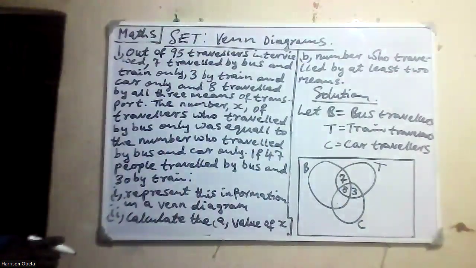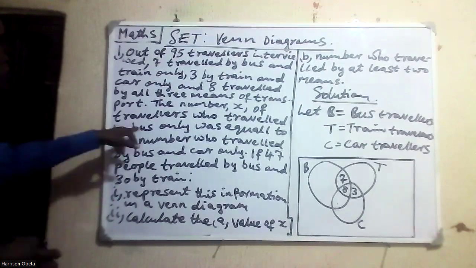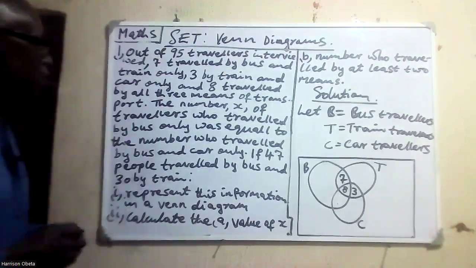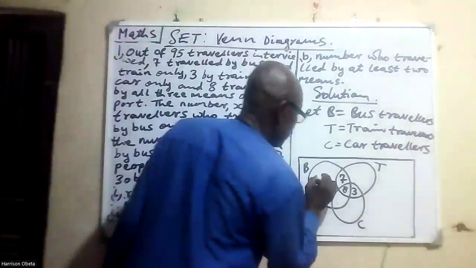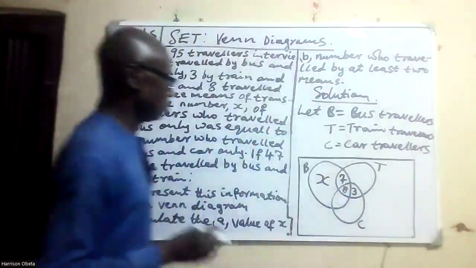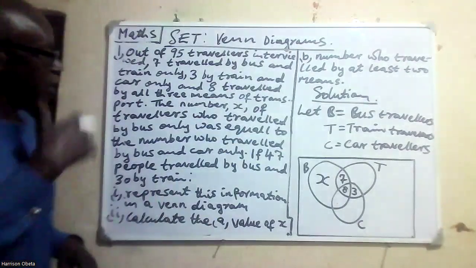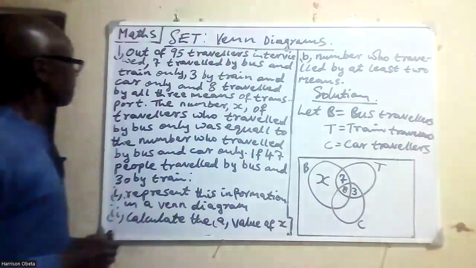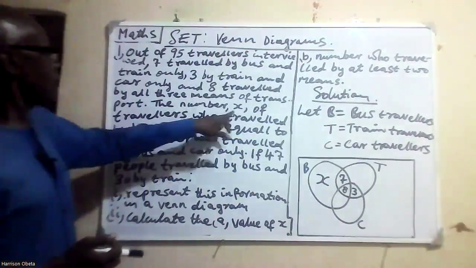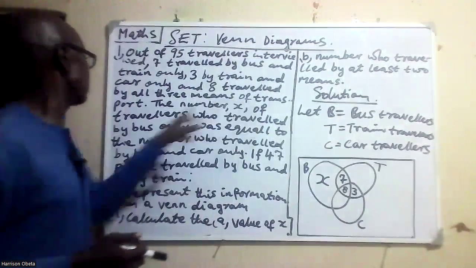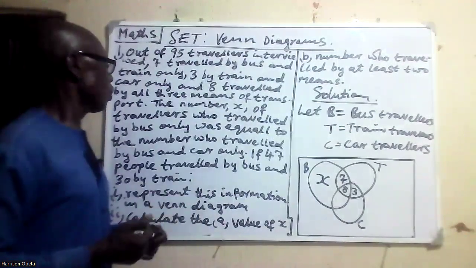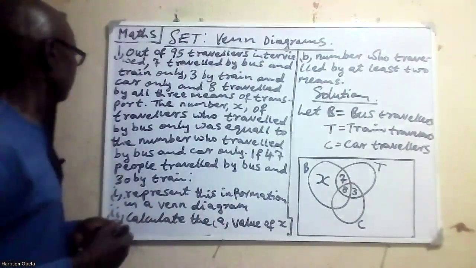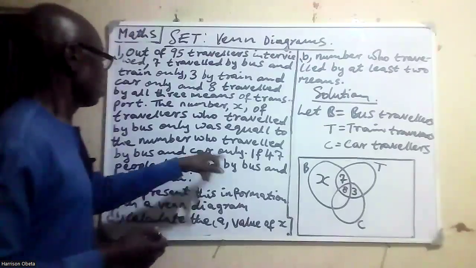Okay. Then we were also told that the number X of travelers who traveled by bus only was equal to the number who traveled by bus and car only. So those who travel by bus only should be here. Those ones, they don't have any business with either train or car.